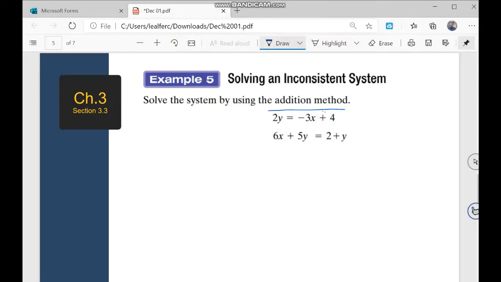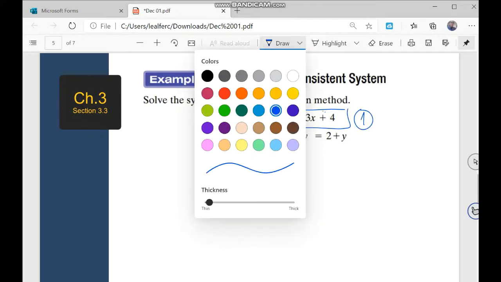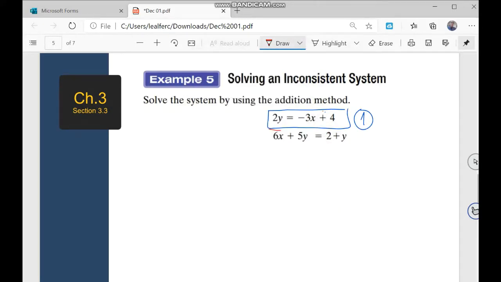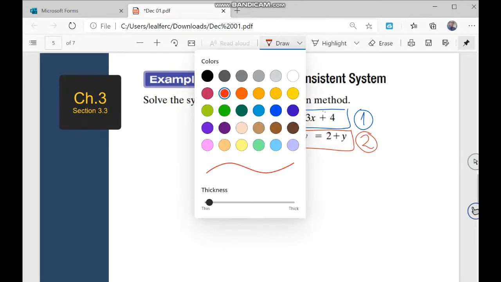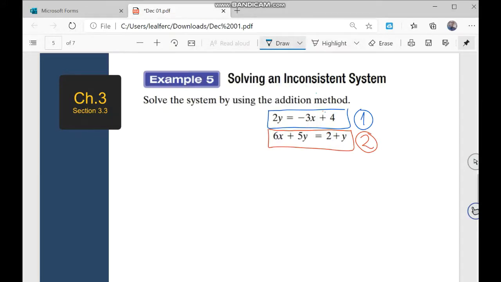Let's check. Here is a new system; this is going to be equation number 1, and the one on the bottom is going to be equation number 2, and we need to solve it to identify if it's going to have one solution, no solution, or infinite solutions.